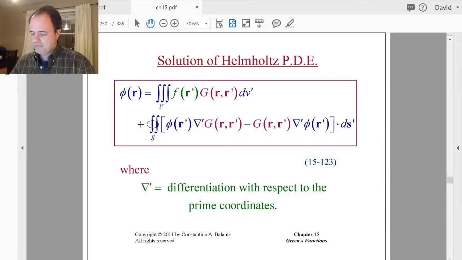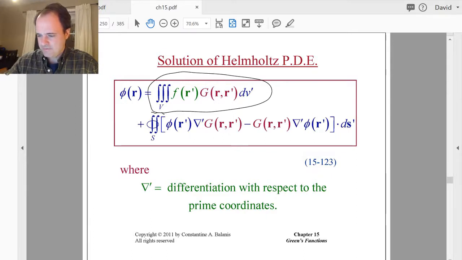So this is what we have then for the solution of the three-dimensional second order partial differential Helmholtz equation. Quite something. We have the volume integral, where we have this excitation source, this driving function, and we have to integrate that multiplied by a Green's function over the entire volume.